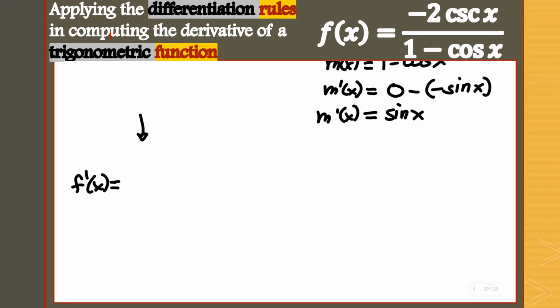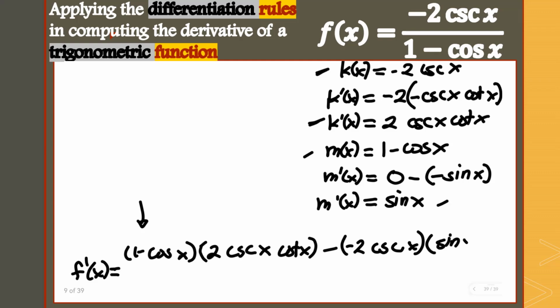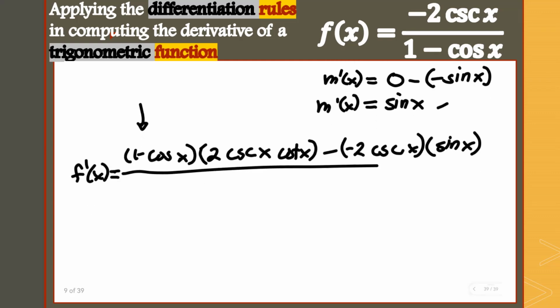So we have here our denominator, which is 1 minus cosine x, times the derivative of our numerator, which is 2 cosecant x cotangent x, minus our numerator, which is -2 cosecant x, times the derivative of our denominator, which is sine x. And these are all over the square of 1 minus cosine x.